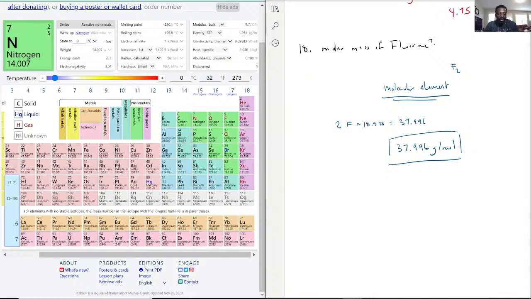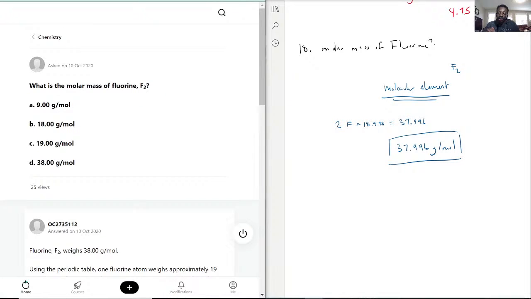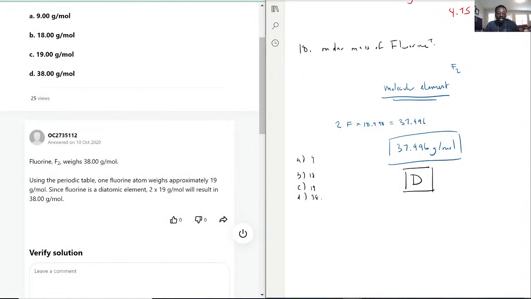Going through the options, A, B, C, D: 9, 18, 19, 38, the only option that's close enough would be D. Exactly, they use a periodic table. One fluorine weighs approximately 19, and it's a diatomic element, aka a molecular element. You need to solve it like that.